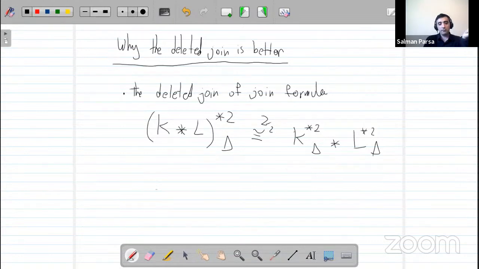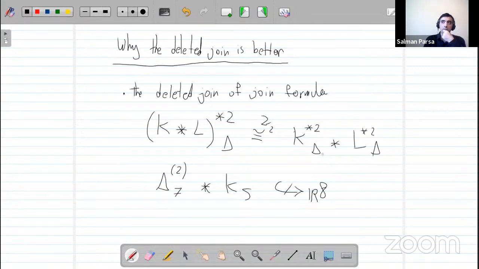So this formula already tells you that, for instance, the join of delta, say what, 7, let's say K5, does not embed into R to the dimension 8, because there exists a Z2 sphere in it.